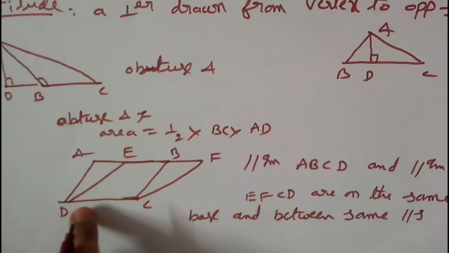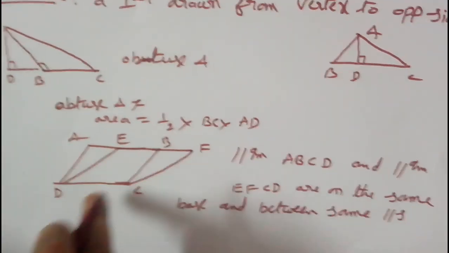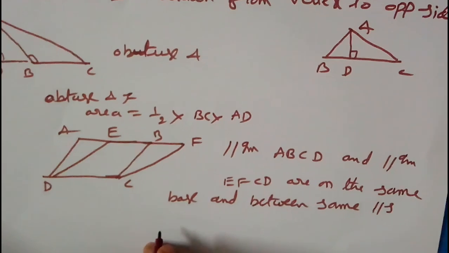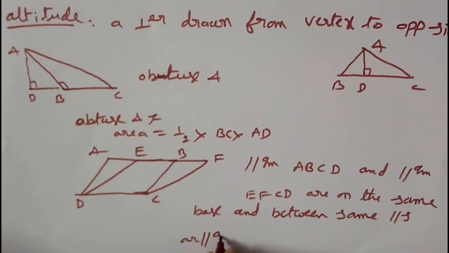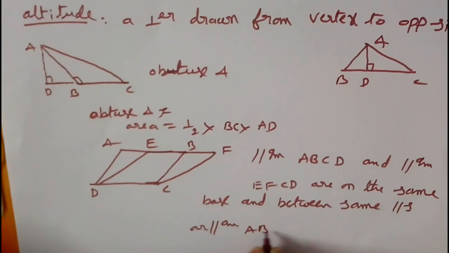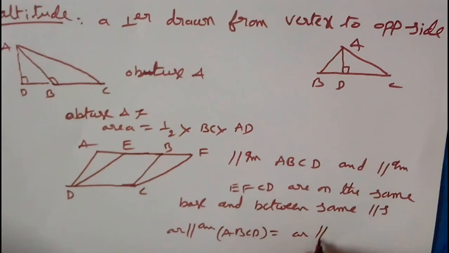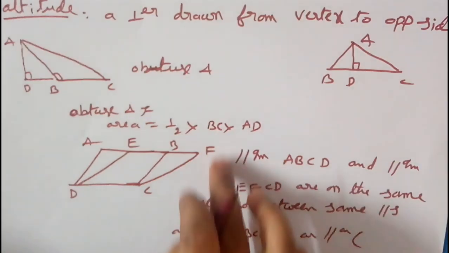Here what is the common base? DC is the common base. Parallels DC and AF are the common parallels. So area of parallelogram ABCD is equal to area of parallelogram EFCD.